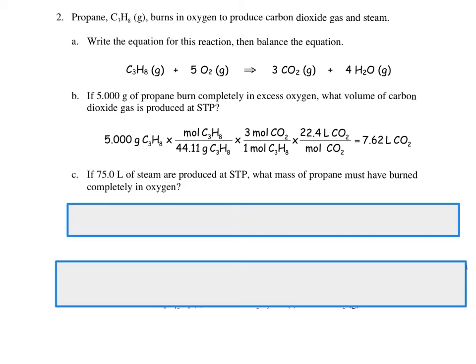That's our CO2. That's a 3-to-1 ratio. And then the question is asking for the carbon dioxide in liters at STP, so we use our molar volume of gas equivalent, 22.4 liters per mole, and punch those numbers to give us 7.62 liters of CO2.